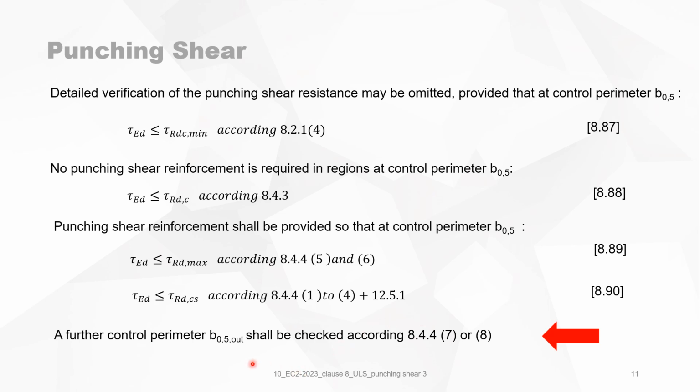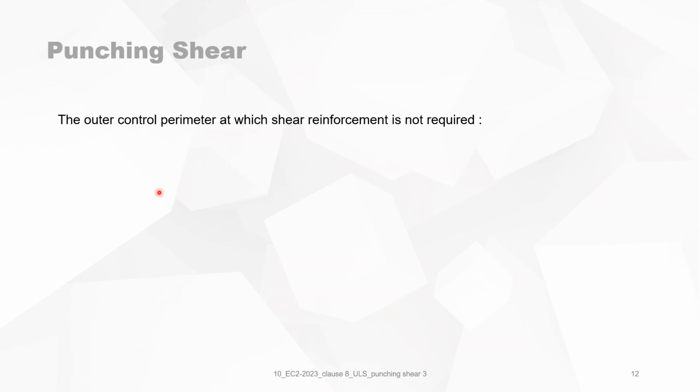And at the end, we will check b0.5,out, the outer control perimeter at which shear reinforcement is not required, which is equal to this formula. So this is now b0.5, not s, but b0.5,out is b0.5 times this factor.